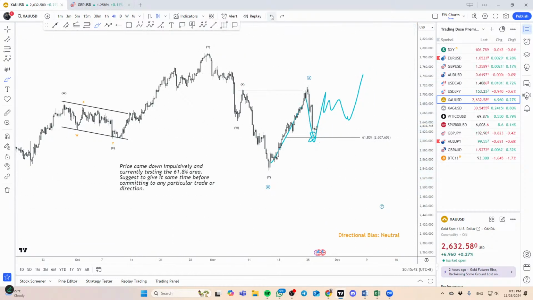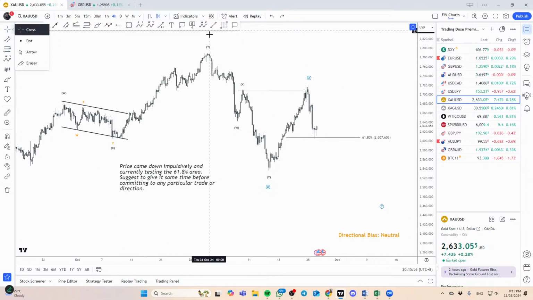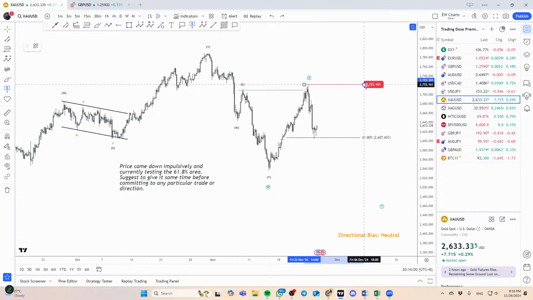Okay, so the impulse move yesterday changed things a little bit moving forward in terms of the duration of time on what is likely going to develop. We need to give it more time. But as I say, if we're going to see a corrective move and price would likely then respect this high, we can start to expect a little bit more downside. Okay, but for now, just give it time and see how things grow.